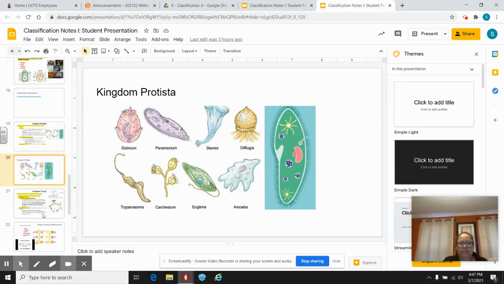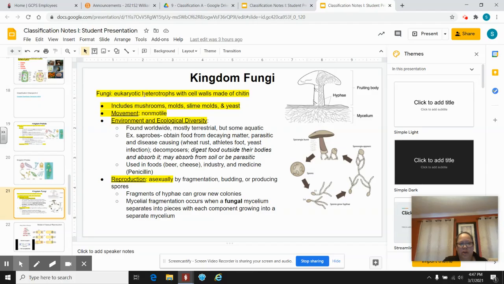Moving on to fungi. All right, so eukaryotic, heterotrophic. They have cell walls made up of chitin. Here's where we have our mushrooms, molds, slime molds, and yeasts. Yeasts are unicellular but heterotrophic. The cool thing about fungi is that they don't truly eat the way that we think they eat.